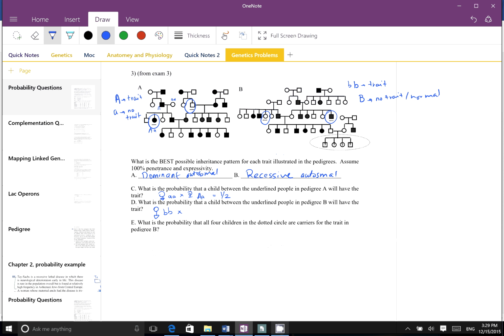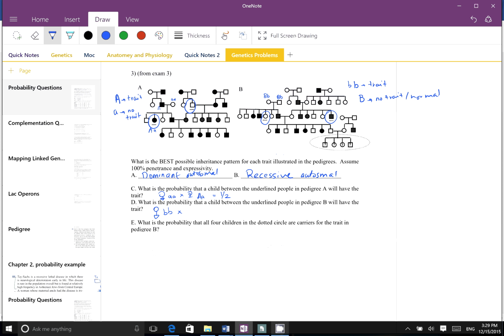The mother, on the other hand, I want to figure out her genotype because she can have 2 different genotypes. Before I go into that, let's look at her parents. So her mom has capital B small b, her dad has capital B small b. They're both heterozygote, that's why the kids, her siblings, came out, some of them having the trait, some of them don't, including herself.